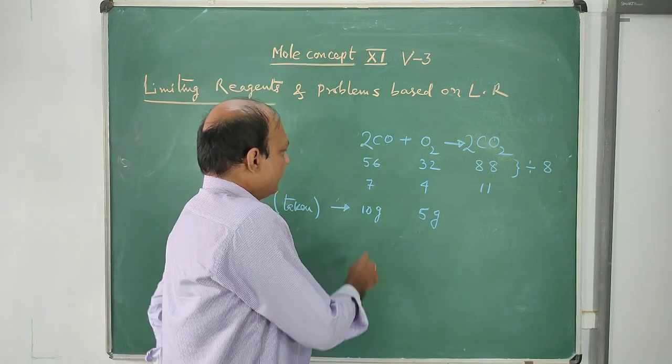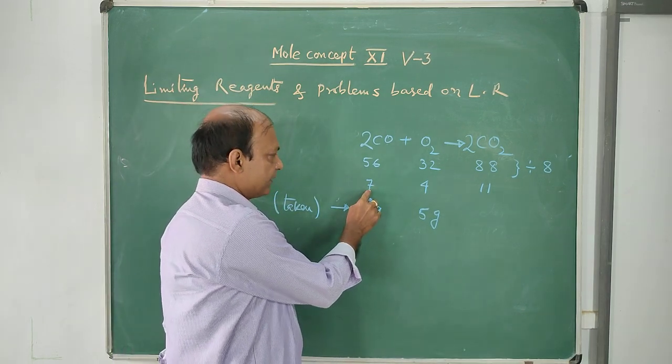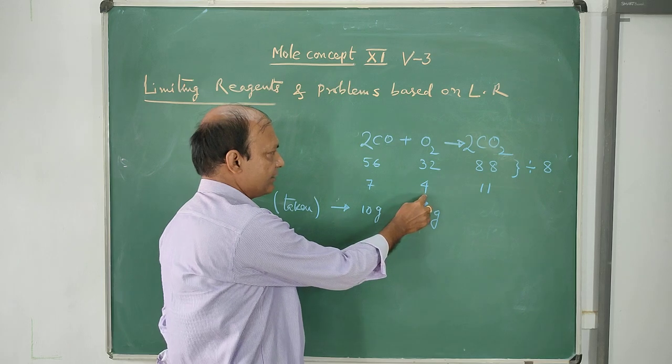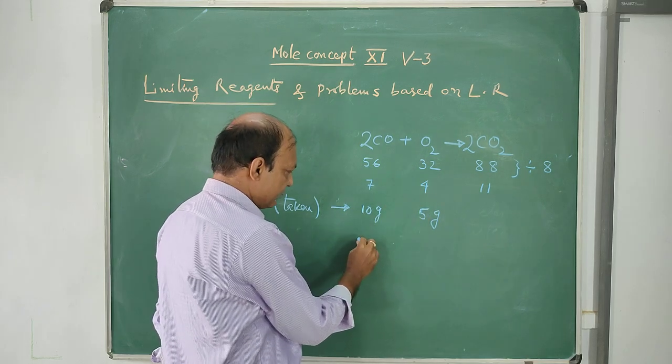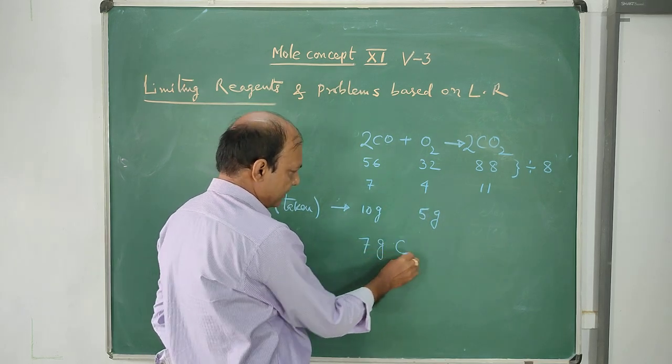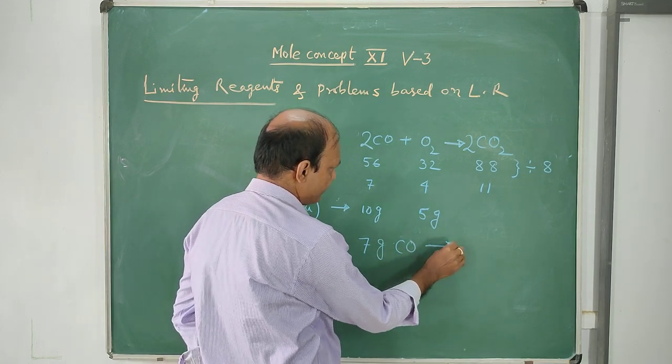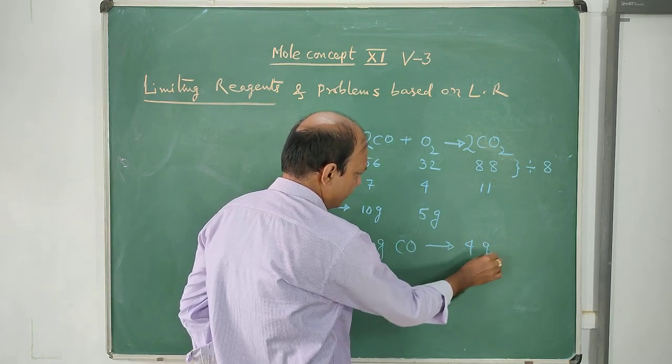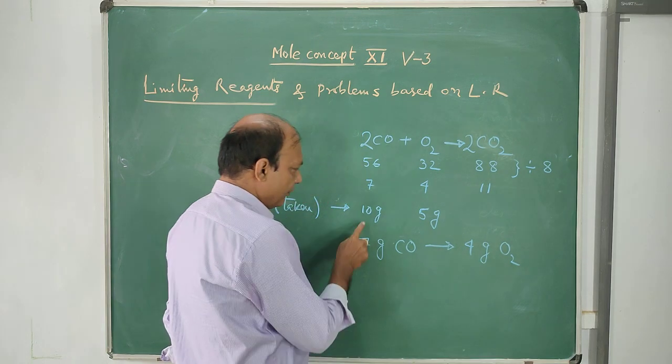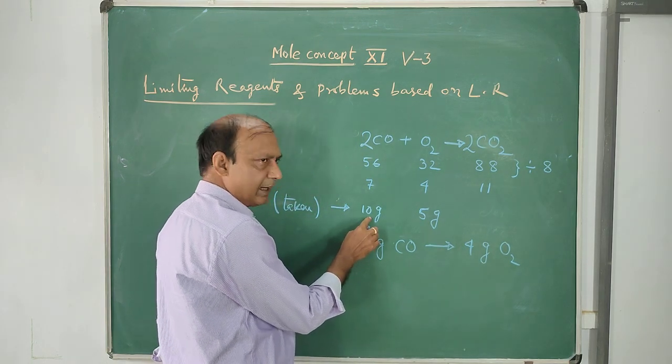Now see, we know that 7 gram carbon monoxide combines with 4 gram oxygen. Now, what amount of 10 gram is given?